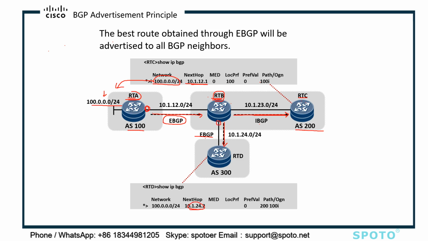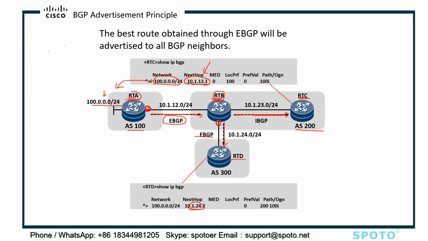And we can see here in this situation, if RTB receives a route from the EBGP neighbor and then sends it to the IBGP neighbor, it will not change the next hop. So when RTC receives the route from RTB, the next hop is still RTA. But when RTD receives the route, the next hop is RTB.